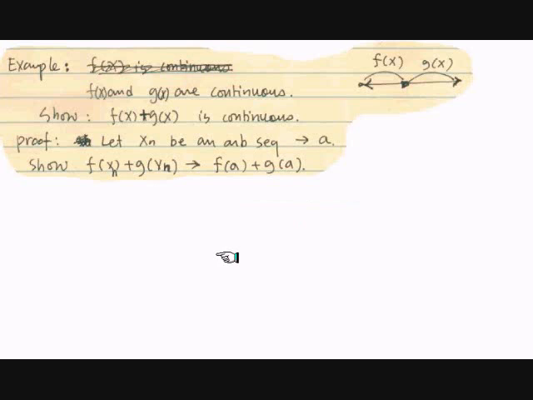Then we need to show the sequence f of xn plus g of xn, which you plug into this function that we're trying to show is continuous, needs to converge to the function value, which is f of a plus g of a. So given an arbitrary sequence, we need to show this property. Then we're done, because that's our definition, which is equivalent to the so-called epsilon-delta definition.